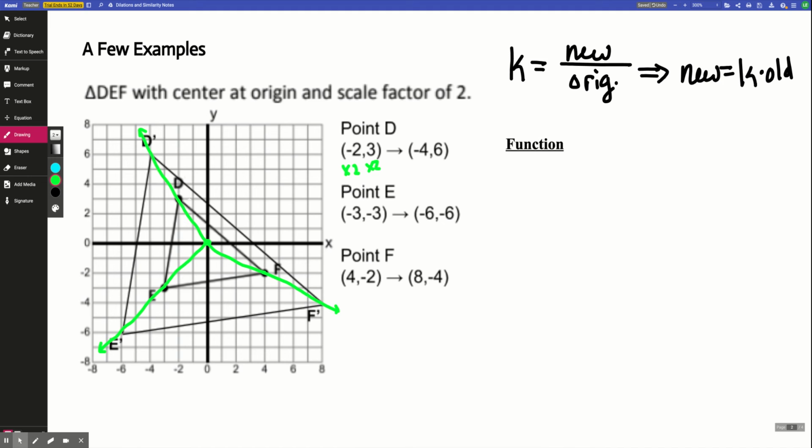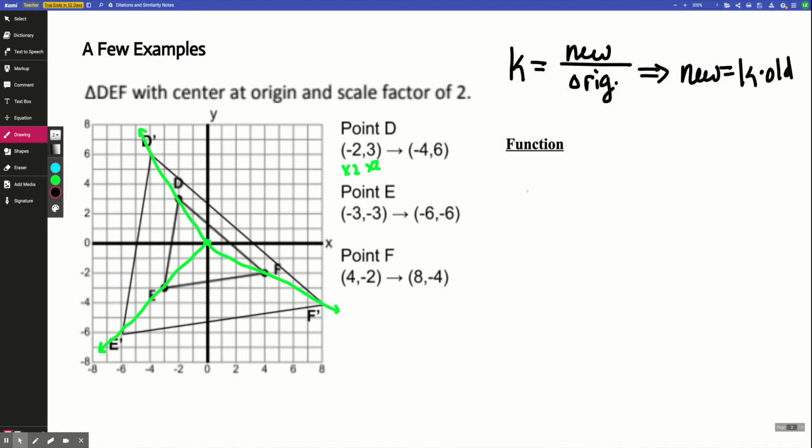If you look at the actual picture, the point D is negative 2, 3, and then the new point is negative 4, 6. Okay, and then we do that to all three of our coordinate points so that you're multiplying everything by the same number. That will guarantee that you keep the same shape, but obviously you're just dealing with a different size.